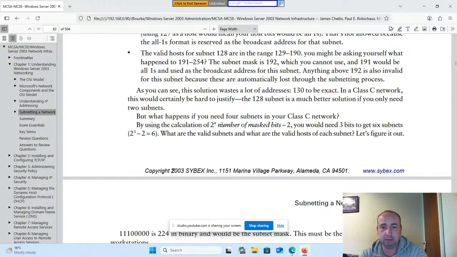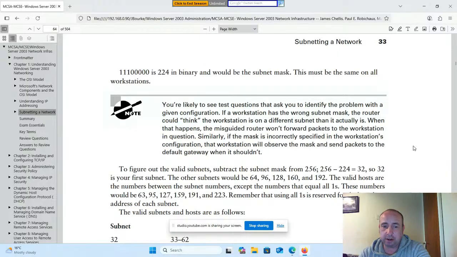But what happens if you need 6 subnets in your Class C network? By using the calculation of 2^number of masked bits minus 2, you would need 3 bits to get 6 subnets. 2^3 minus 2 equals 6. What are the valid subnets and what are the valid hosts of each subnet? Let's figure it out.